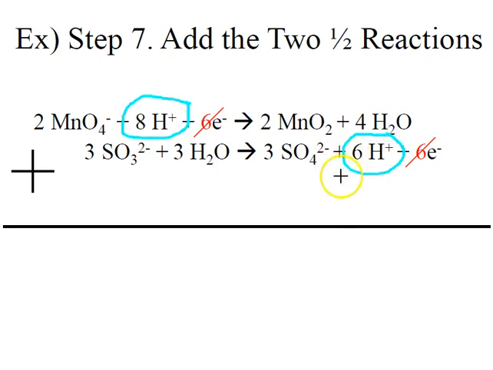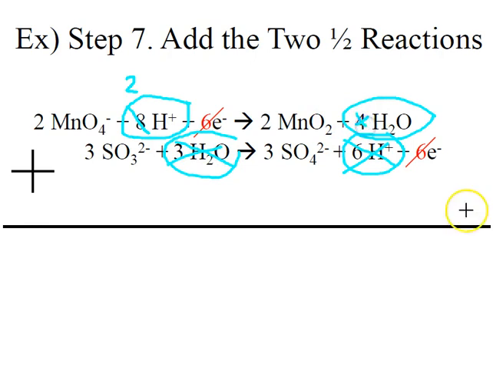So what can happen is these 6 can cancel and 6 of these can cancel. So we'll be left with 2 of those. And then I see 3 waters on the left and 4 waters on the right. So these 3 waters can cancel and 3 of these can cancel. And I'll just have 1 water left there in the product.